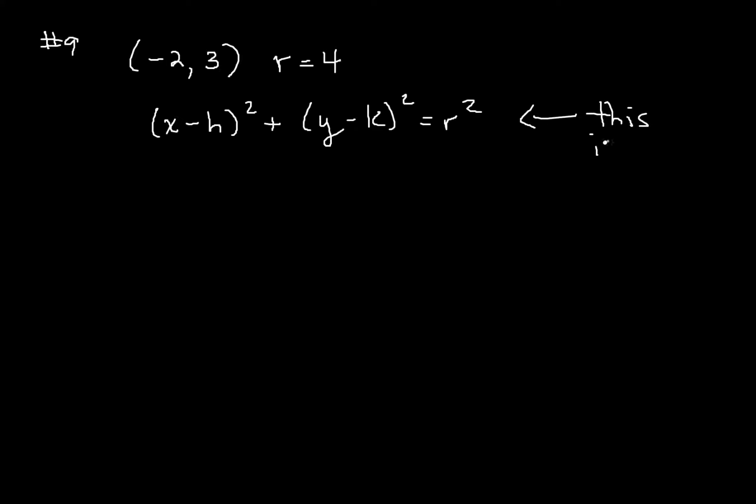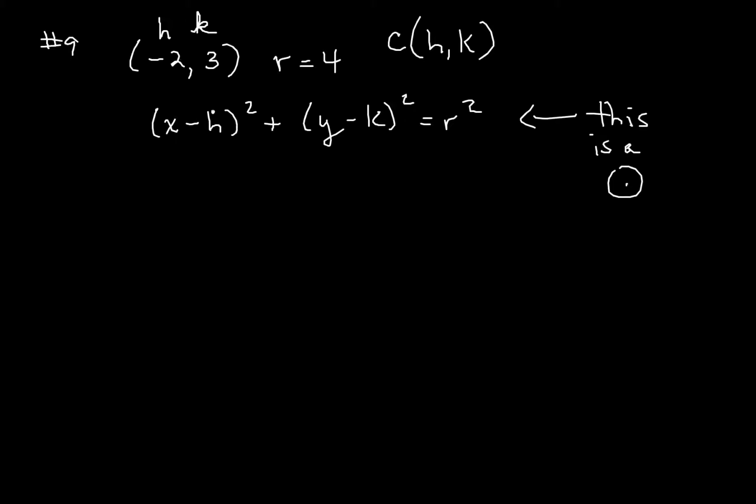When you see that formula, h and k are the center of the circle, and this is your radius. So all you have to do to write an equation of a circle is stick it in.